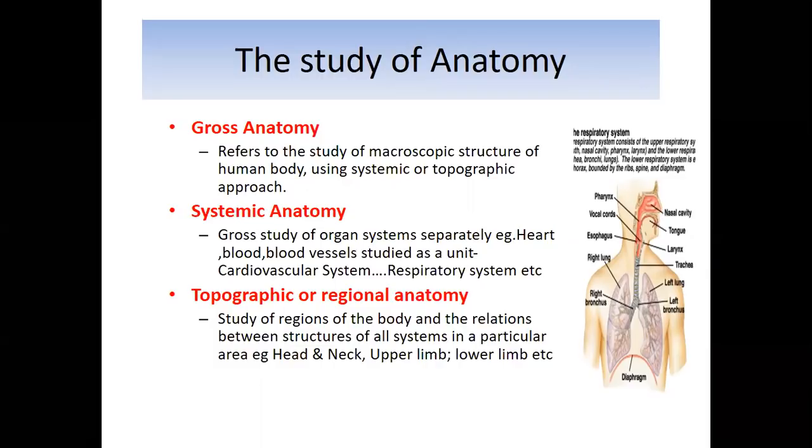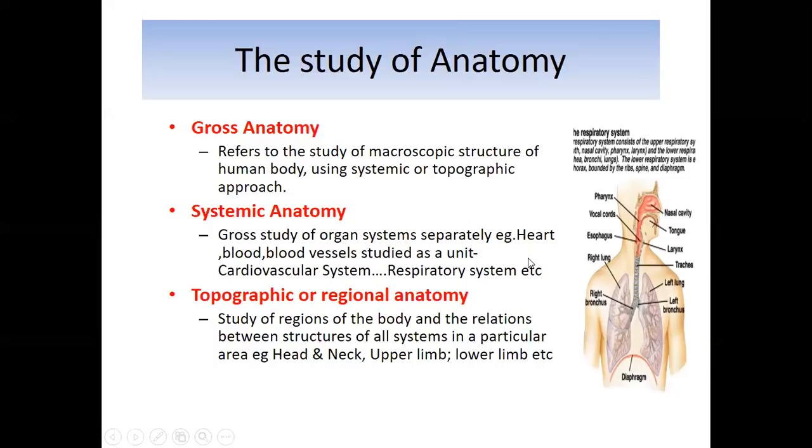Gross anatomy refers to the study of the macroscopic structure of the human body by using a systemic or topographic approach. Okay, for systemic anatomy, it is a gross study of organ systems separately.